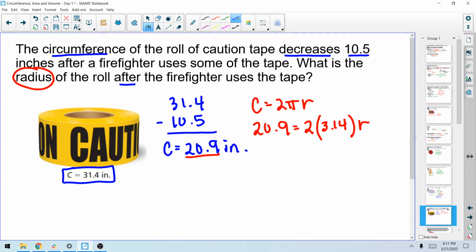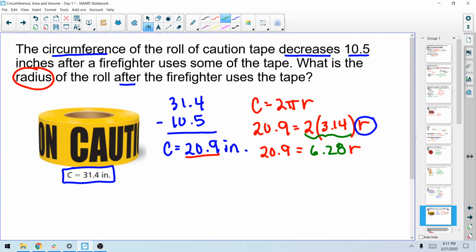And I want to know what the radius is, which means I have to solve for that variable. First thing I'm going to do is take 2 times 3.14, which is going to give me 6.28. So now I have 20.9 equals 6.28 times r.